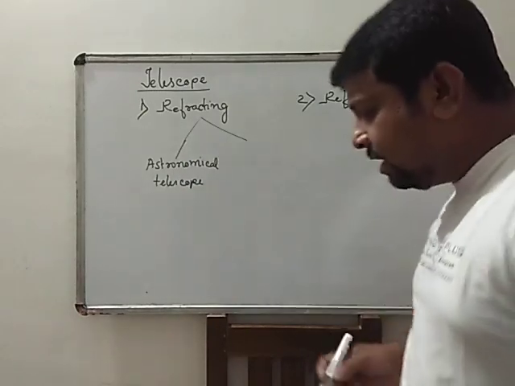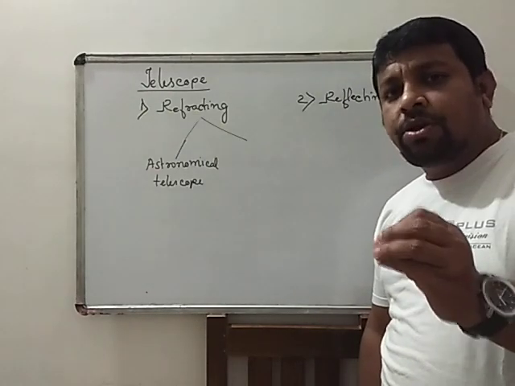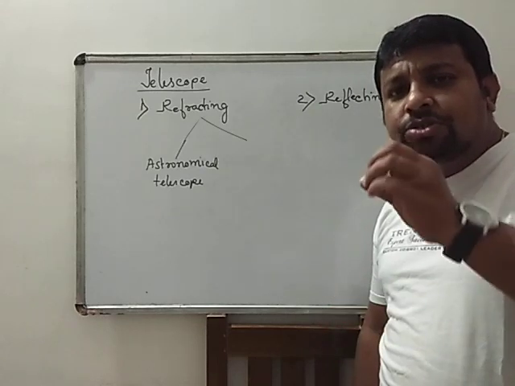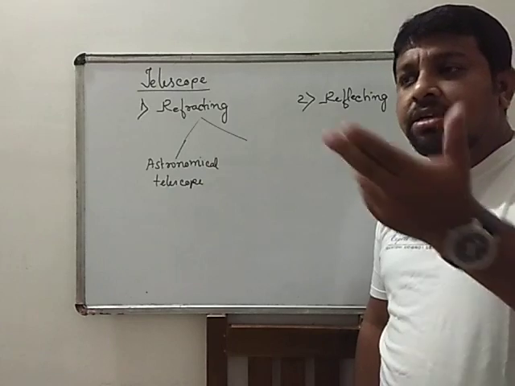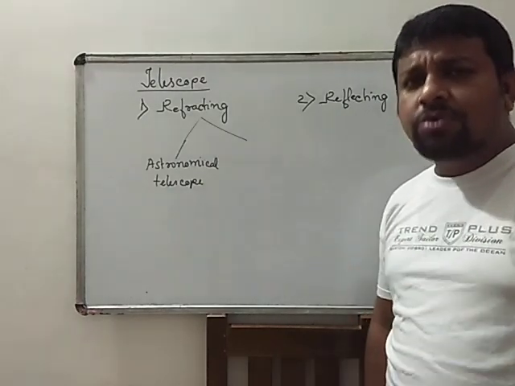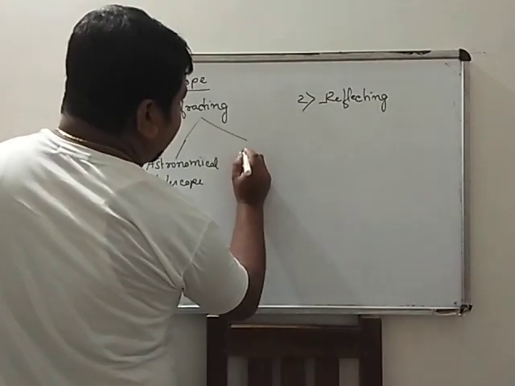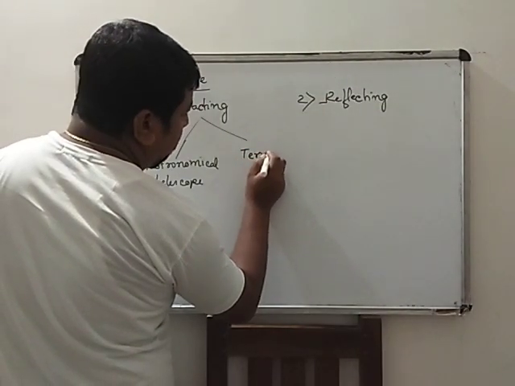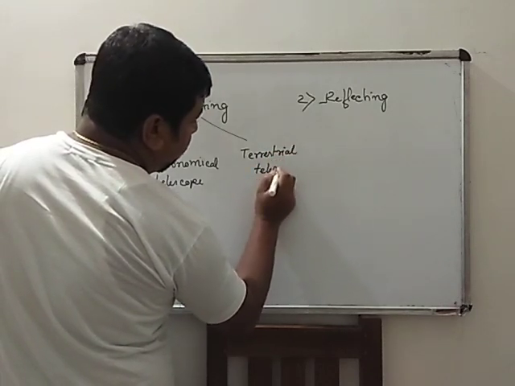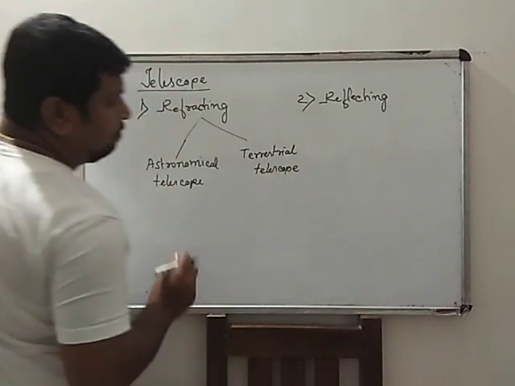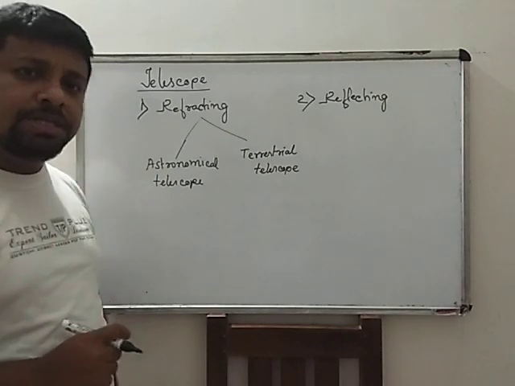The other one is used to see far distance objects on the earth, suppose a tree or a house. That telescope is known as the terrestrial telescope. So the first one is the astronomical telescope and the second one is the terrestrial telescope.